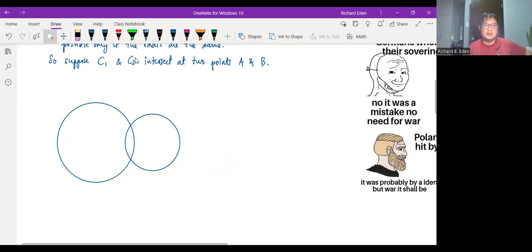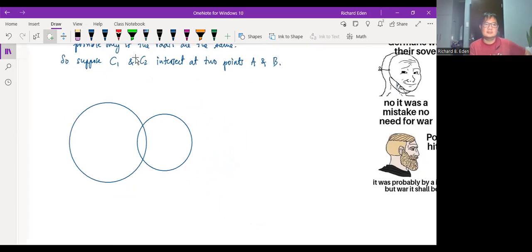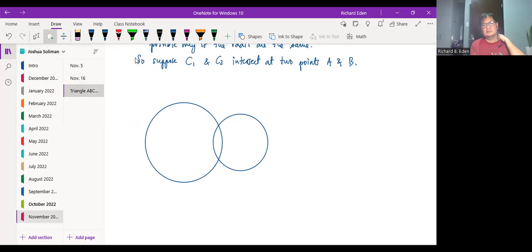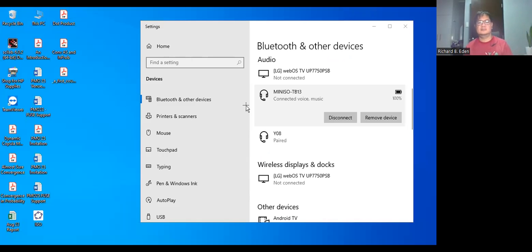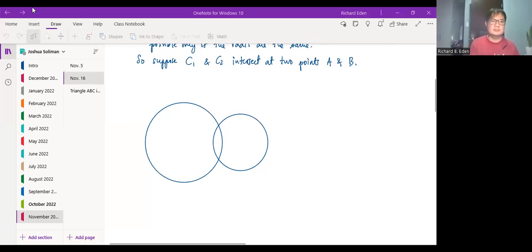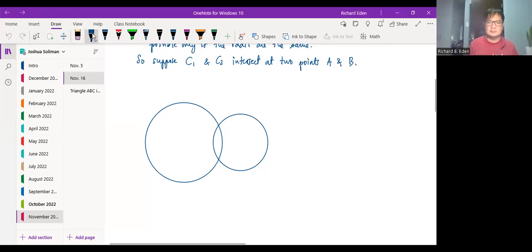So here you have points A and B. Let's work backwards.